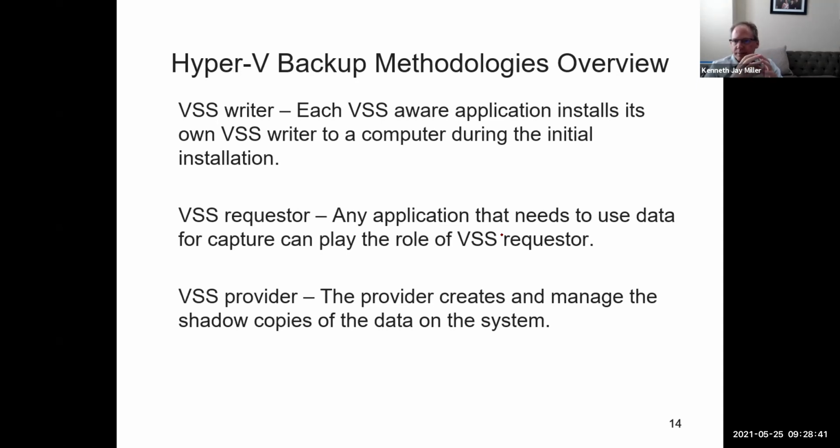Other backup systems, like I can go online and purchase backup software from, like, Paragon Backup or whatever the company's name is. And when I install it, it's going to communicate with VSS, right? So other products have to use this VSS. So it's important to understand it.